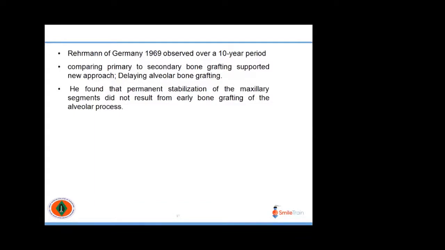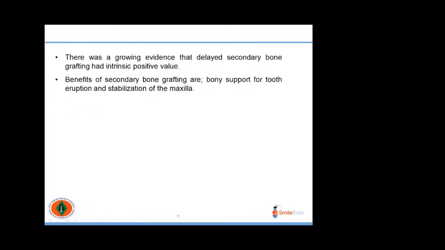He also found that permanent stabilization of the maxillary segment did not result from early bone grafting of the alveolar process. Bone grafting gives an intrinsic positive value. The benefits of secondary bone grafting are bony support for tooth eruption and stabilization of the maxilla.